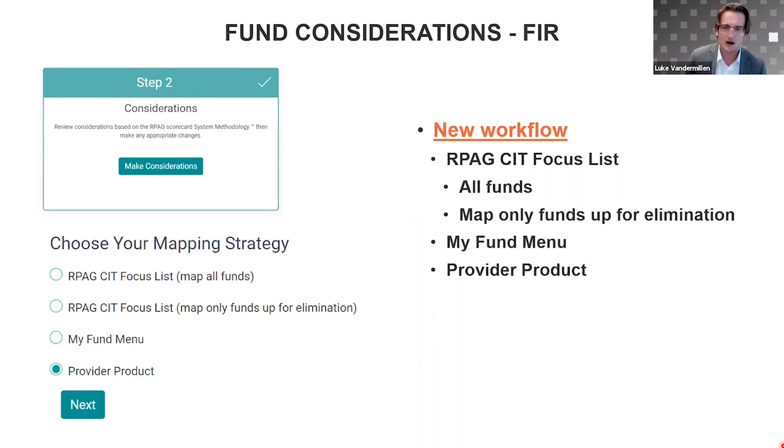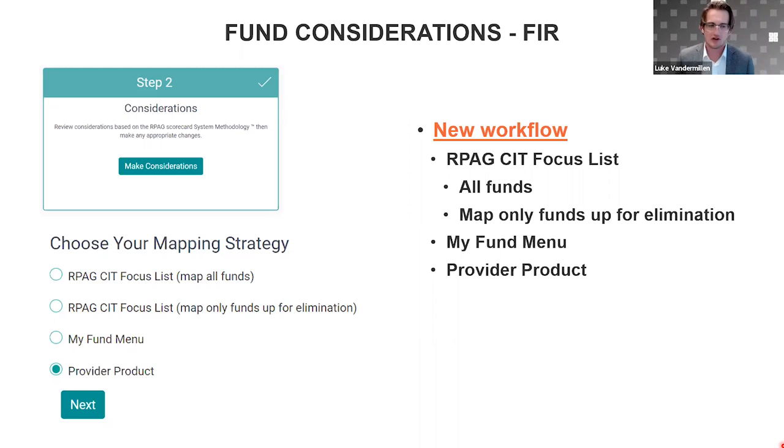If you're not aware, we have an exclusive set of CITs that are available to RPAG members. And so if you have a client that needs a complete overhaul of their investment lineup and you just want to take a look at, okay, what would happen if I mapped all of the RPAG CITs into this lineup, you can use that top option there, map all funds to the RPAG CIT focus list. So if you're doing a massive swap, that's a great place to start.